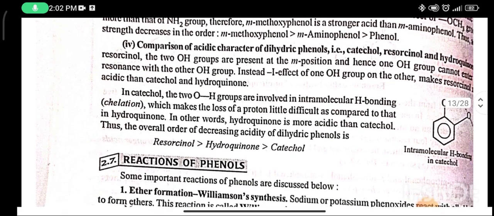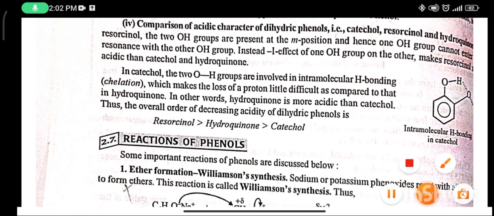Comparison of acidic character of dihydric phenols: catechol, resorcinol and hydroquinone. In resorcinol, the two OH groups are present at the meta position and hence one OH group cannot enter into resonance with the other OH group. Instead, the -I effect of one OH group on the other makes resorcinol more acidic than catechol and hydroquinone.